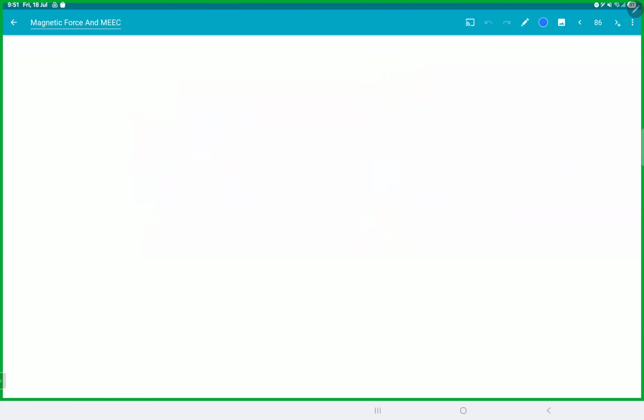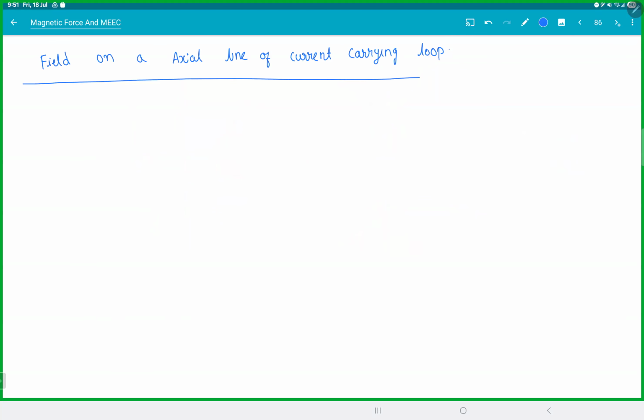The next thing, the field on an axial line. If you have a current carrying coil of radius r, let's say you want to find the magnetic field at a point P here, at a distance x.